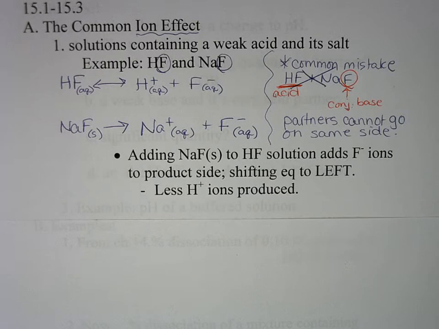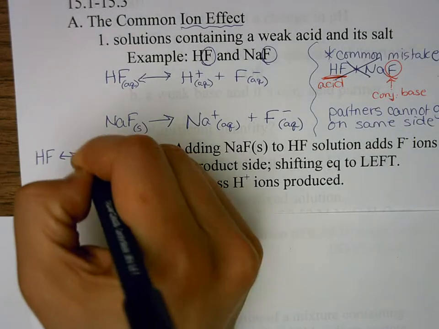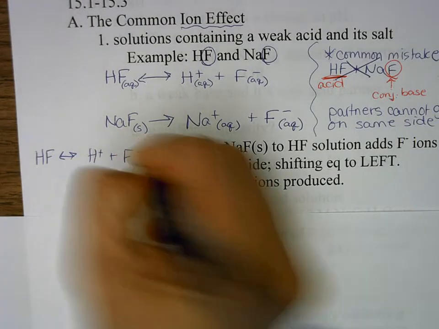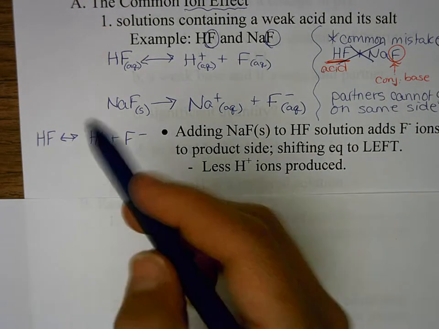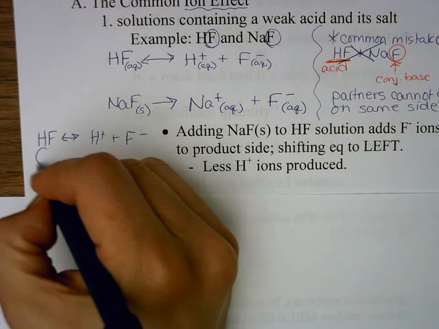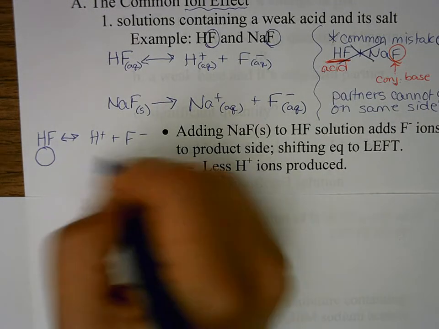The actual reaction, when you have a solution of hydrofluoric acid and you add sodium fluoride to it, is actually no different than the reaction that you write out just for the dissociation of hydrofluoric acid. And so when you write it out, it's just HF into hydrogen ions, fluoride ions. Now the only difference here is that normally, if we're dealing with just hydrofluoric acid, we have a starting concentration here, and everything else over here is 0.